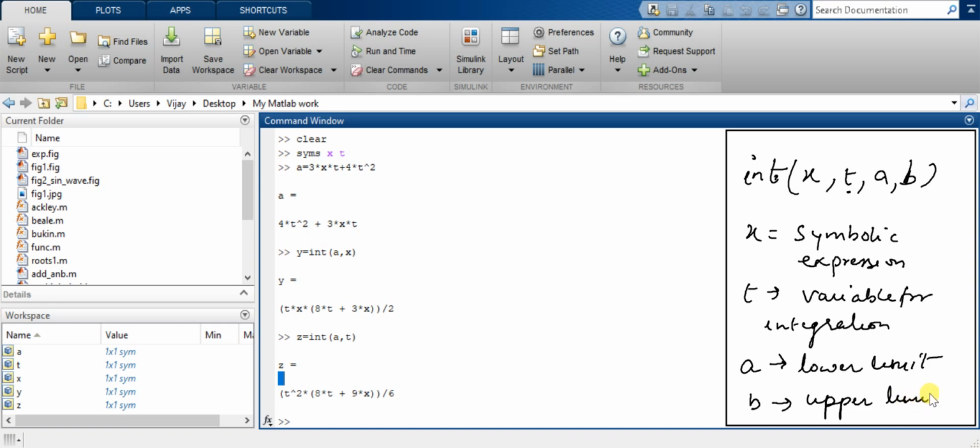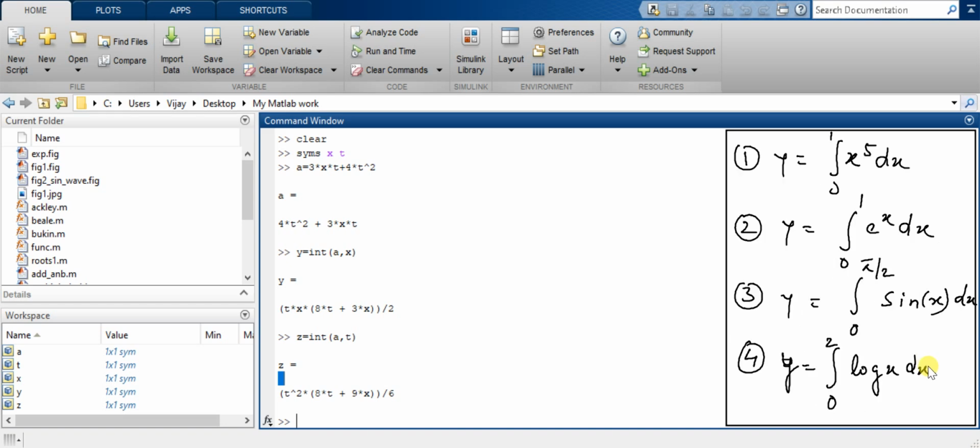So let's try to solve some of the examples. So now these are some of the examples of definite integration. Let's try to solve one by one all the examples as mentioned here.